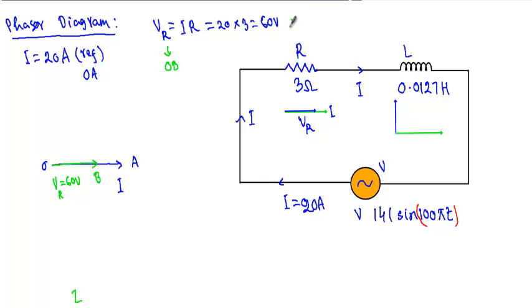Okay, now see, VL is the voltage across this inductor equal to I XL, which will be equal to 20 XL, equal to 80 volt. Now see, the current that is flowing through this inductance is I. If I take I in this direction, the voltage across the inductor, if I denote that with VL, VL leads current I by an angle of 90 degree.